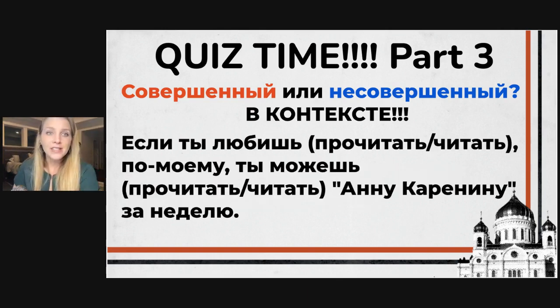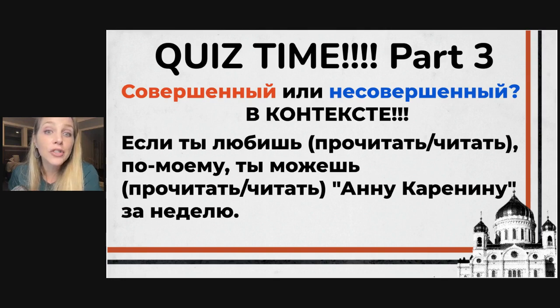Okay? Хорошо. Следующий. Если ты любишь, love, so if you love to read, по-моему, ты можешь read Анну Каренину за неделю. So if you love to read, I think you can read Anna Karenina in 1 week. Okay, so we've got some keywords. Любить. Любить gets paired with несовершенный. Любить gets paired with imperfective.